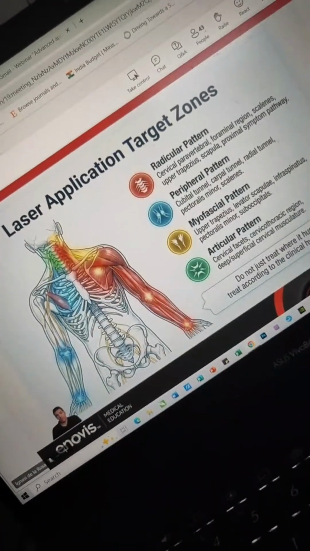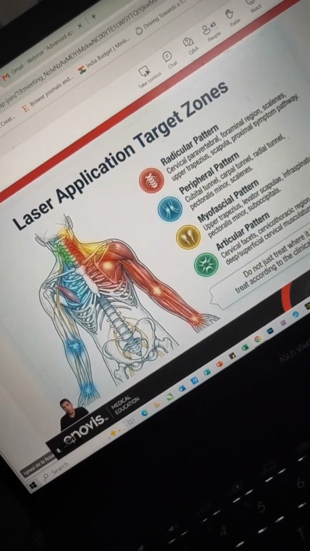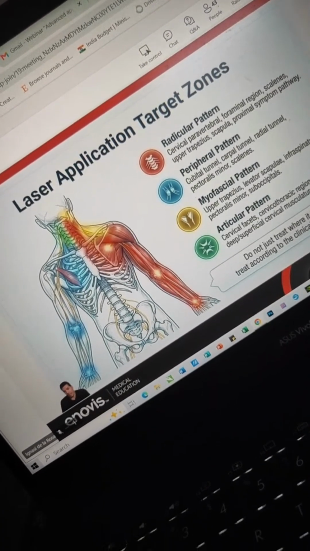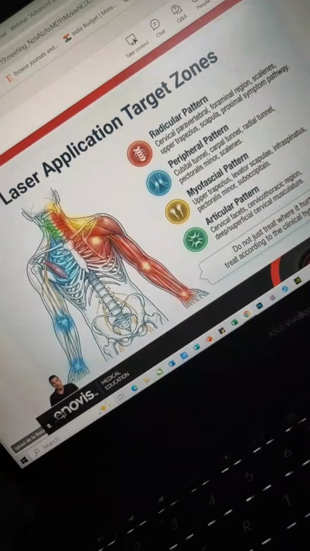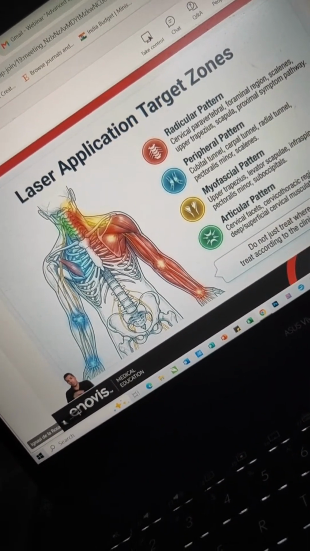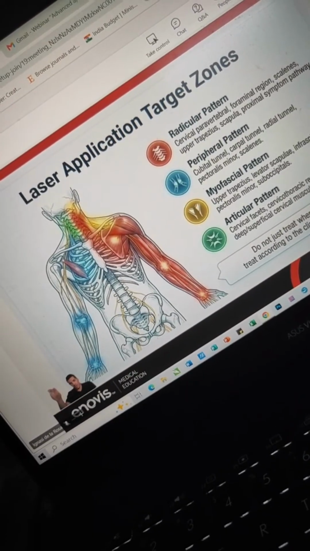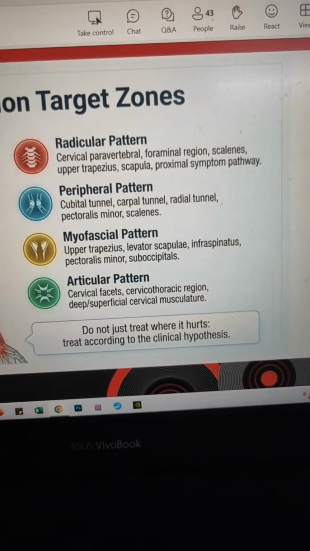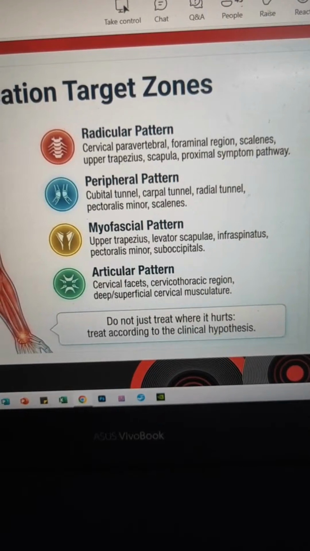Well, the selection of the application area, as you have seen, will depend on what we are discussing, on our clinical hypothesis, and not just on the area of pain that the patient reports, right? In a more radicular pattern, we work on the entire cervical paravertebral region, the foraminal area corresponding to the scalenes, upper trapezius, scapular region, and basically the proximal path of the symptoms.